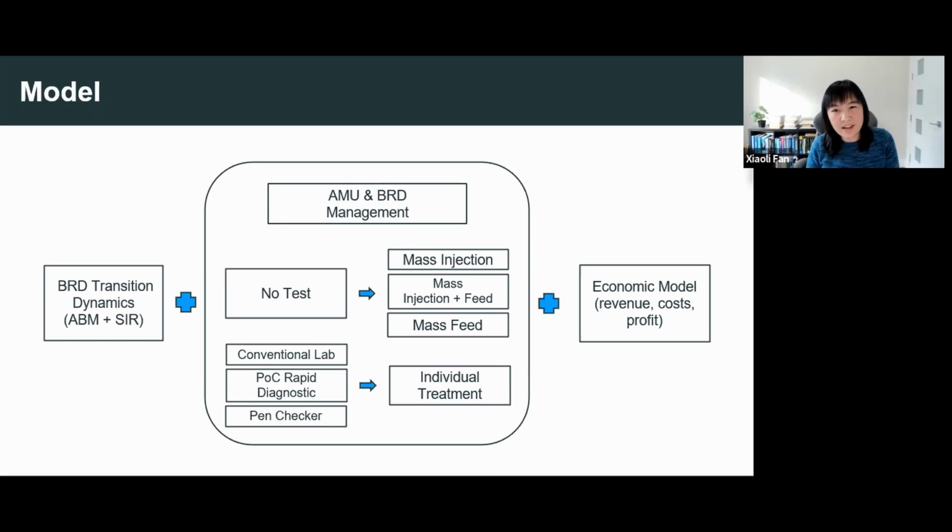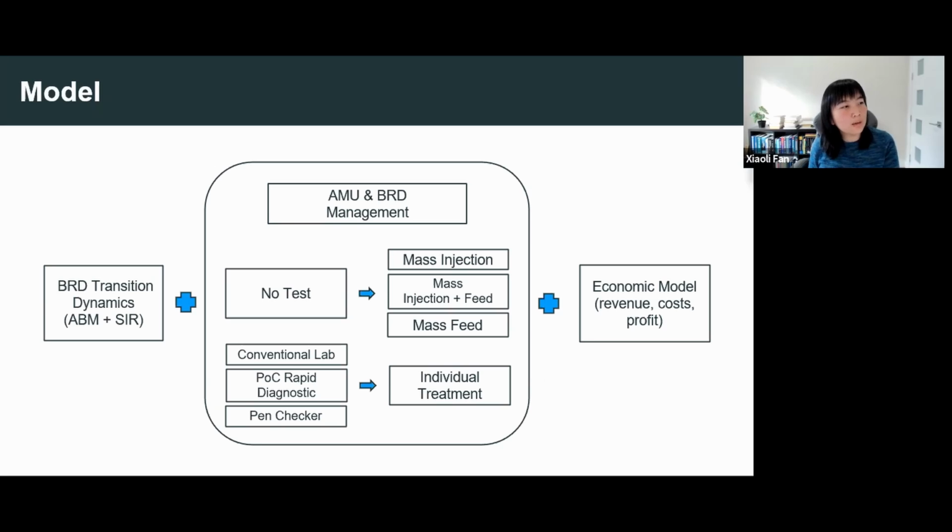We basically have 2 types of decisions that the feedlot manager can adopt. One is which type of test to use. The other one is which type of antimicrobial strategies to adopt. I can talk about those 2 decisions in more detail in a little bit.